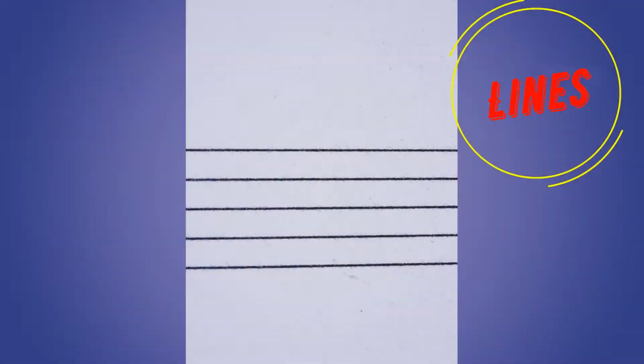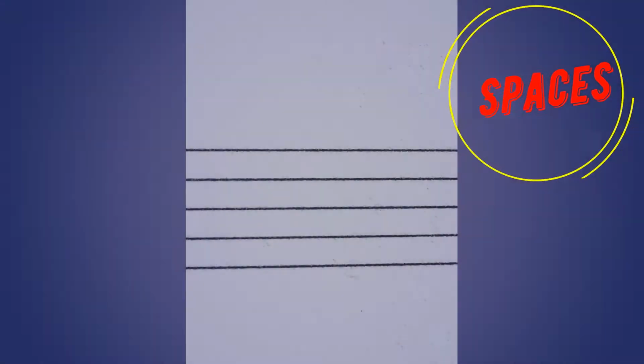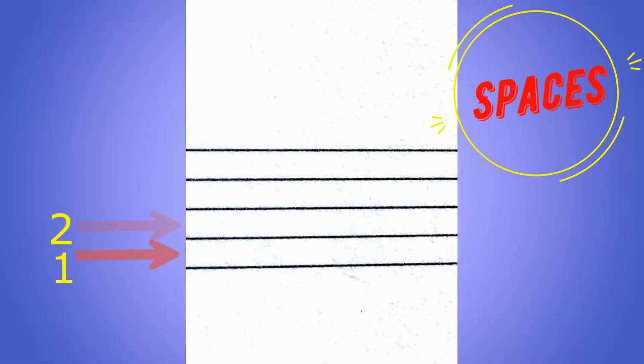You can number them from bottom to top. Always, always, always numbered or labeled from bottom to top. So your lines would go 1, 2, 3, 4, 5, and your spaces would be 1, 2, 3, and 4. Okay? There are 2 things we need to know in order to tell what line or space we are referring to.